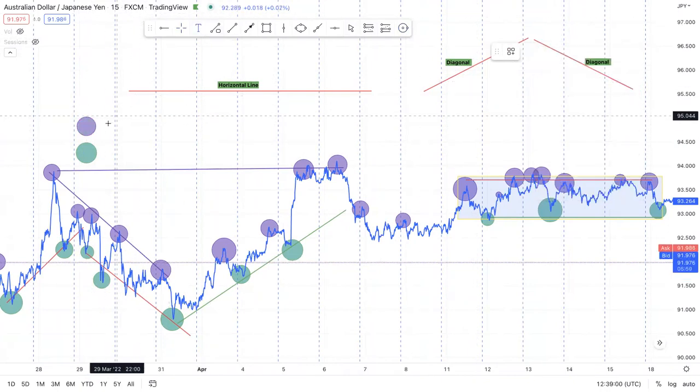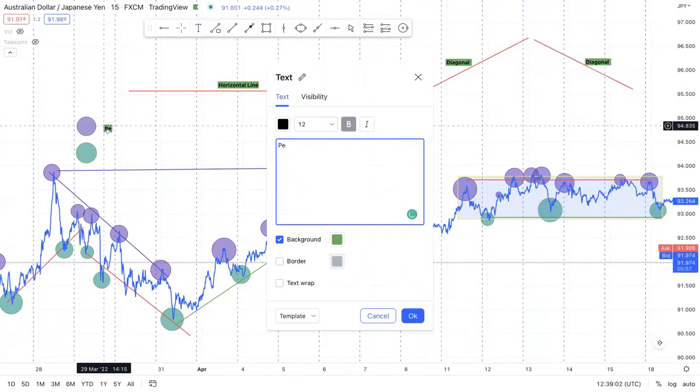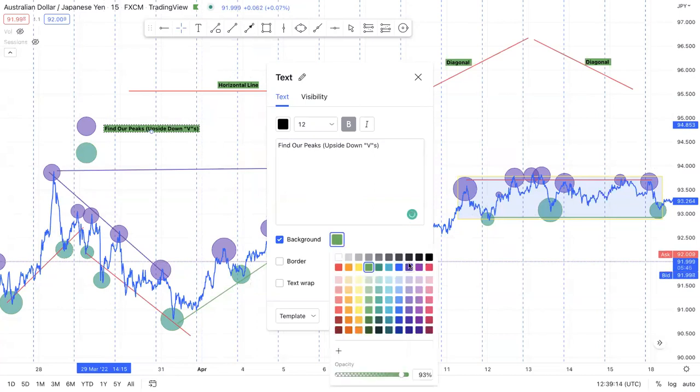Okay, cool. So we started off with find our peaks, which are upside down V's. Okay, that was first.